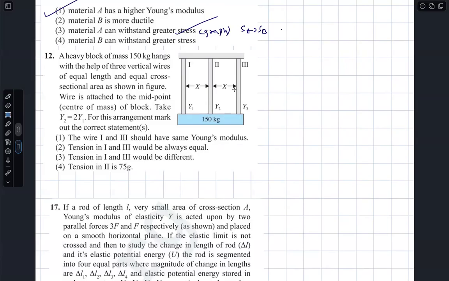Heavy block of mass 150 kg hangs with the help of three vertical wires of equal length, equal cross-sectional area, as shown in the figure. Wire is attached to the midpoint, center of mass of the block. Y2 is 2Y1. This is Y1, Y2, Y3. Right. Only information is Y2 is 2Y1.